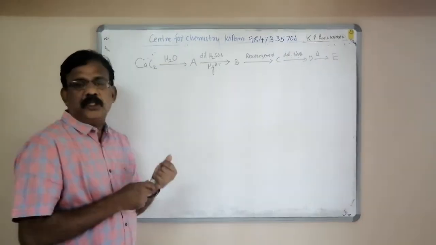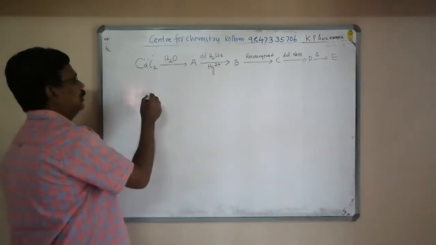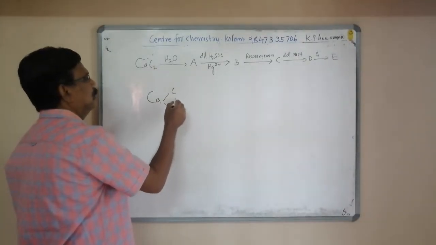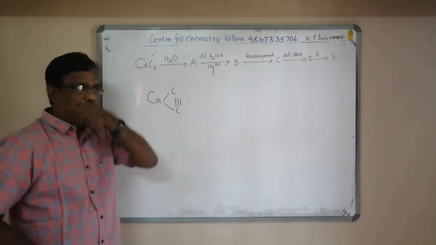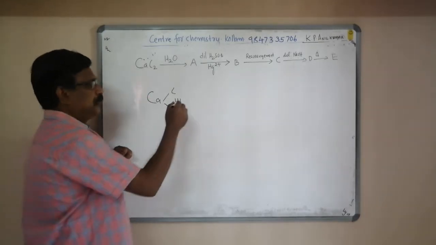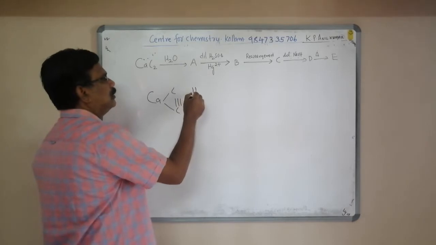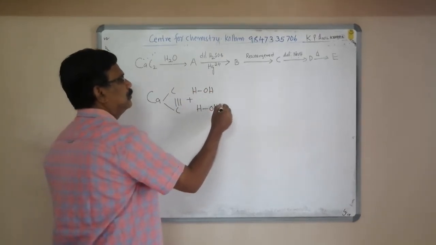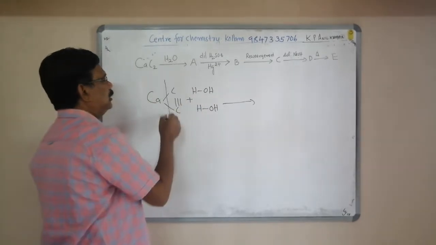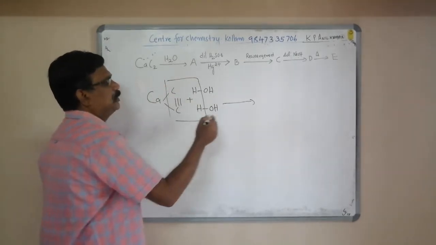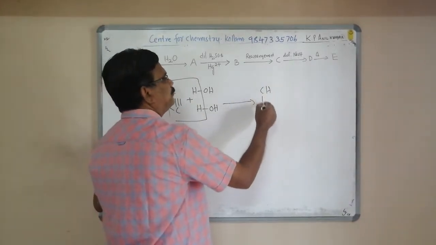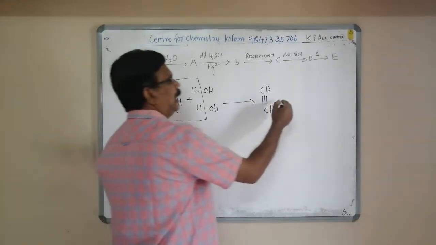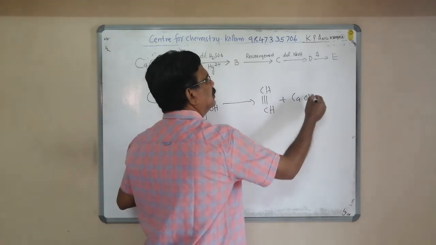First of all, calcium carbide, CaC2. This is the structure. On treating with water, HOH, two molecules of water, we get CH triple bond CH, acetylene, plus lime, calcium hydroxide.